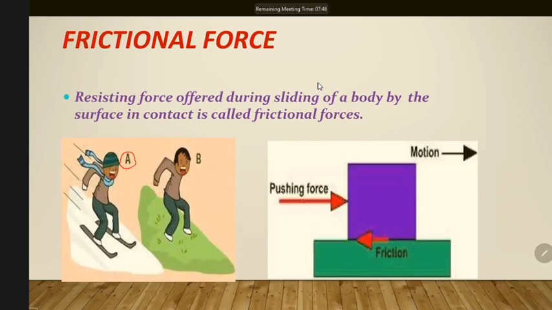But on the contrary, guy B, who is trying to slide on a simple road or simple grass, the frictional force will be more. Here the frictional force for guy B will be more as compared to guy A, which will be less. That is why if you have less frictional force, you tend to move forward quickly.